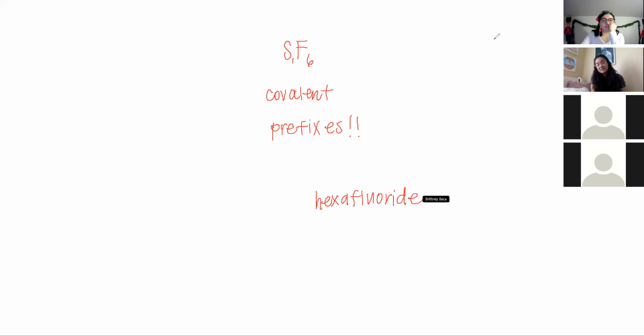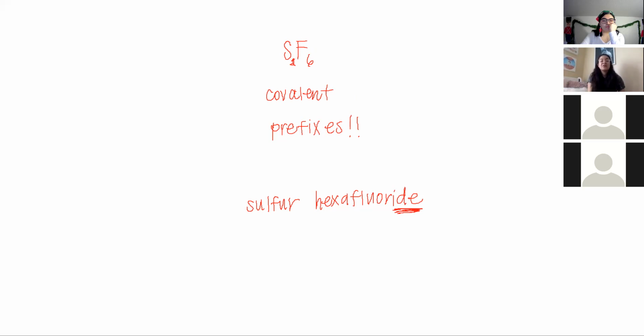Okay, for hexafluoride, remember you also have to have "ide" at the end. So now let's help out Tony. Do we use prefixes for the first element? Not if it's mono, right? Exactly, not if it's mono. So if you only have 1 of them, you don't have to worry about a prefix. So in this case, what would we just write for that first word? Sulfur. Just sulfur, right? So it's good that you're in here to ask that, because now we've got that cleared up and you've got probably a couple extra points on your exam.